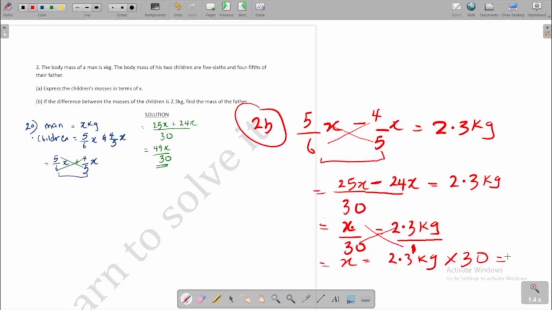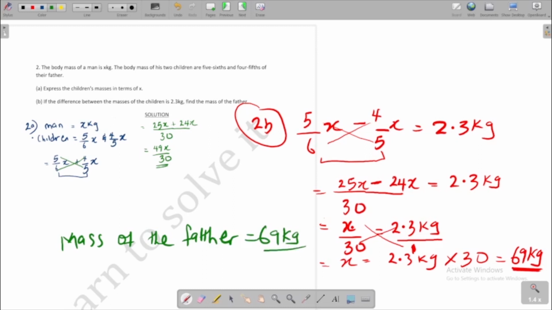So you have your answer to be 69 kg. So that's the answer to the question. Just conclude that the mass of the father is 69 kg.